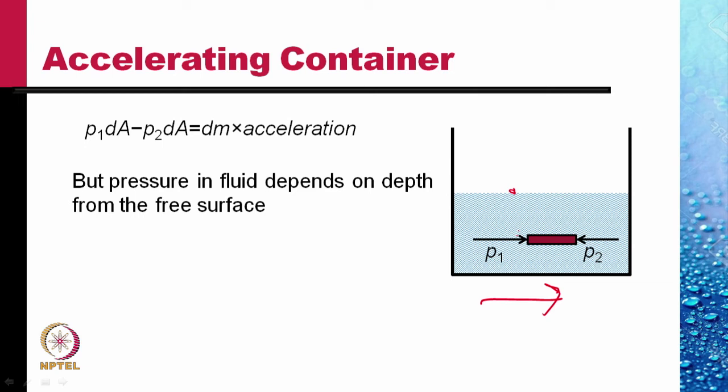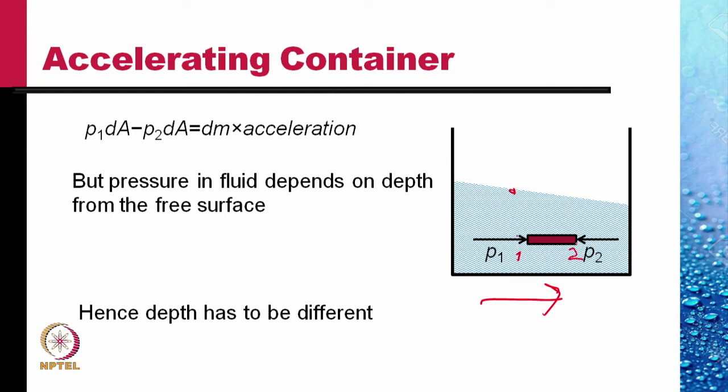So the depth of this face from the free surface should be more than the depth of this face from the free surface. This means the free surface cannot be horizontal. The depths have to be different.